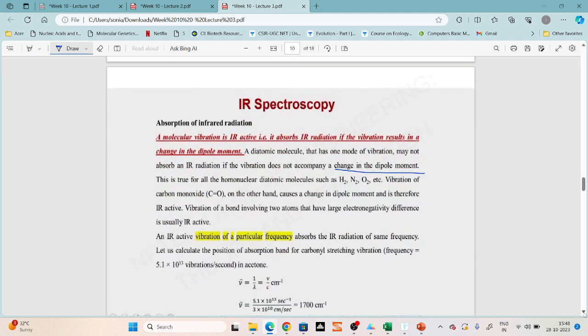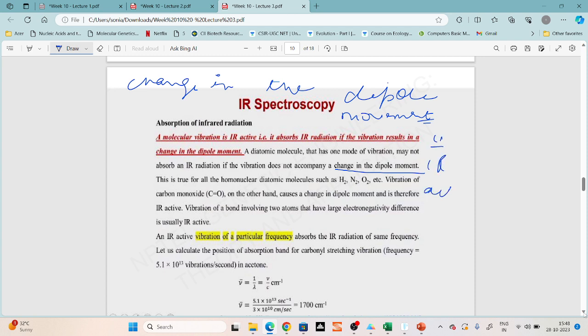Only those molecules which have a change in the dipole moment are infrared active.